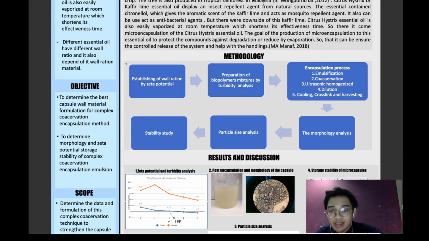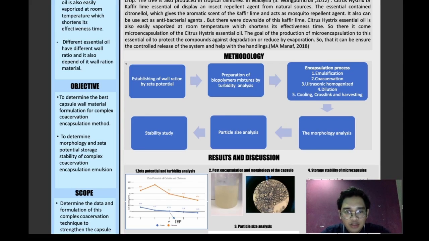The next step is the morphology analysis. After the encapsulation process is complete, the post-encapsulation solution is put under a digital microscope to find out the morphology of the solution, to see whether the microcapsule is present or not. The next step is particle size analysis.